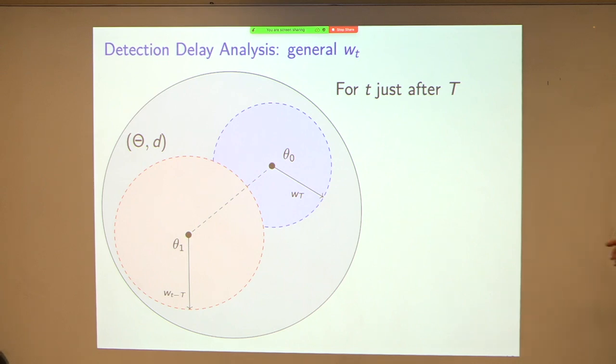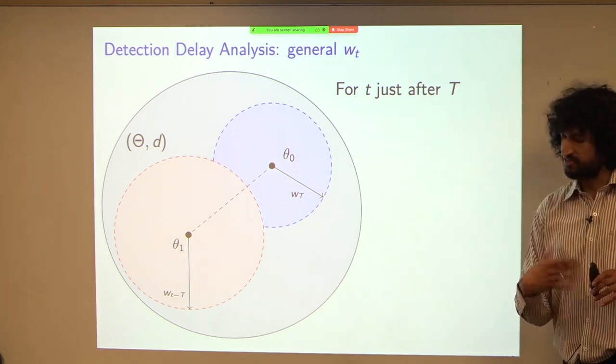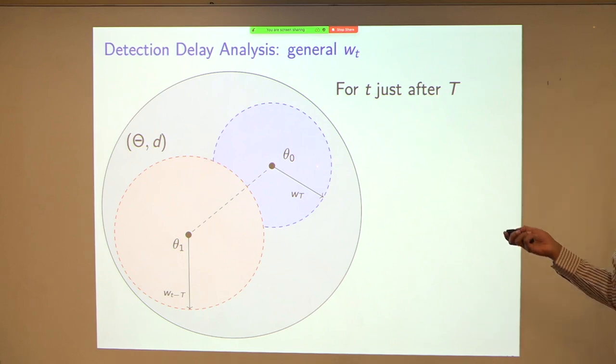Essentially, just after the change point has occurred, you have some uncertainty about the pre-change parameter theta 0. You have seen capital T data points from that distribution theta 0, and that's the width of the confidence sequence so far. And then it has changed to something which is theta 1, and so you have even more uncertainty about theta 1 since you have seen very little data from it. So just after the change point, this is the situation.